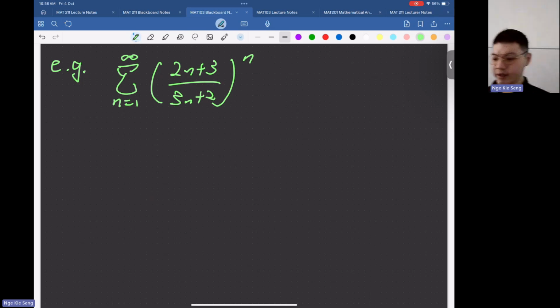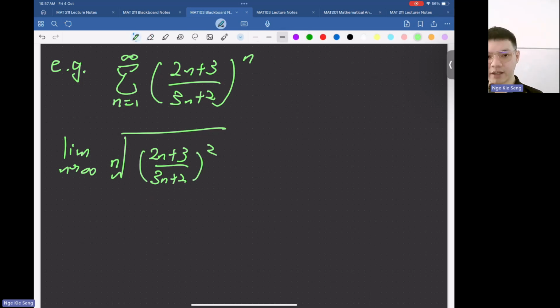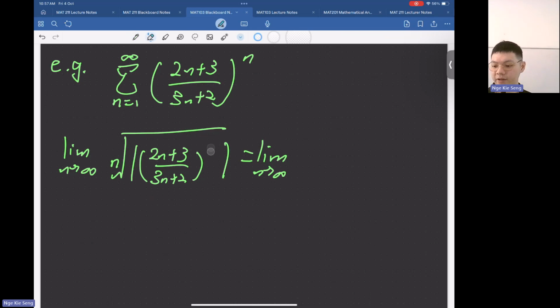So what do we do here? If we're going to use the root test, we simply take the n-th root of 2n plus 3 over 3n plus 2, to the power n. This is really a tailor-made one. But do you know whether you can remove this absolute value or not?